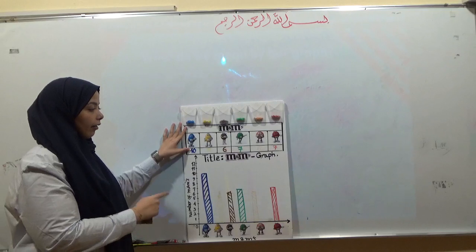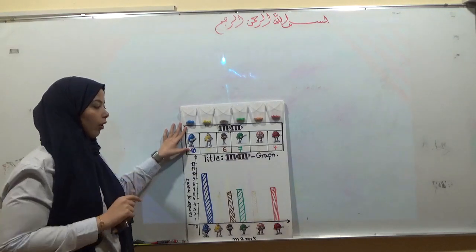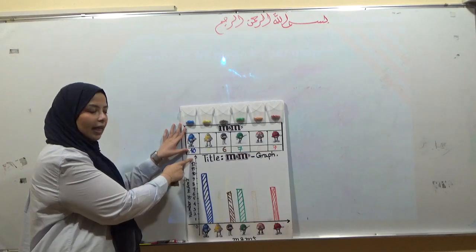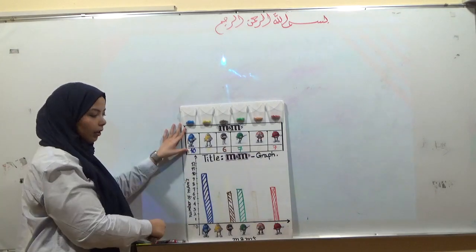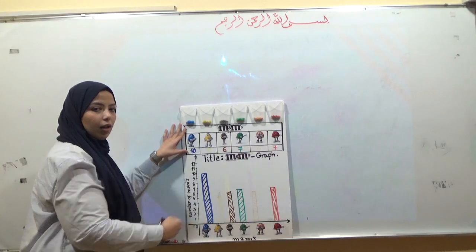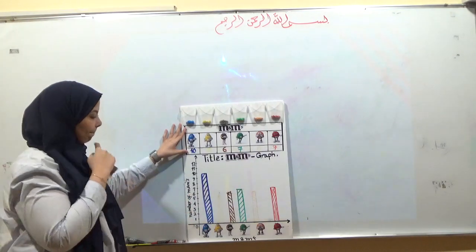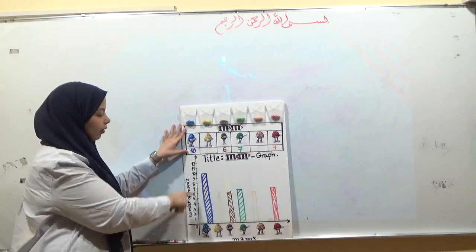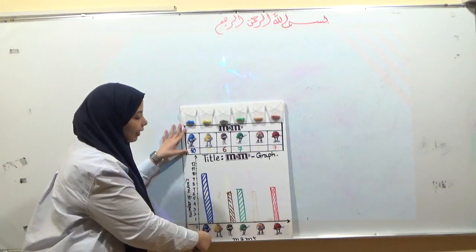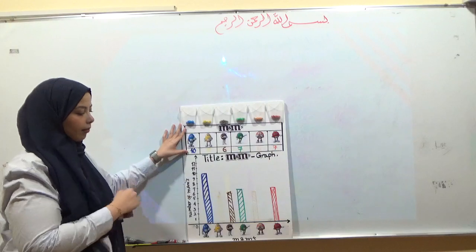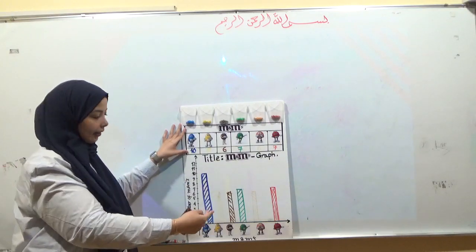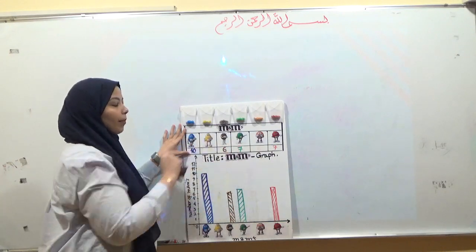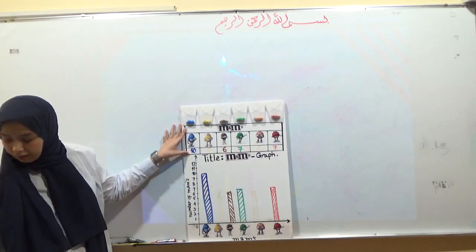Now for the graph, as you saw for the colors before, I have a vertical axis again, up and down, and a horizontal axis, right and left. Here I listed the numbers of the candies on this axis, and here I listed the colors of the M&M's on this axis. And here are the bars which represent my data. So let's see the bars.